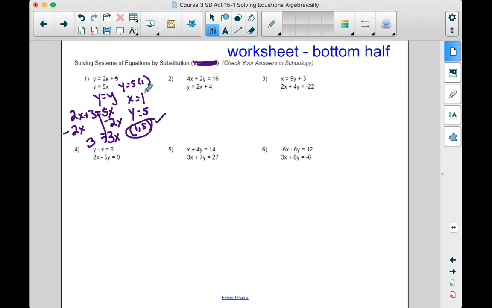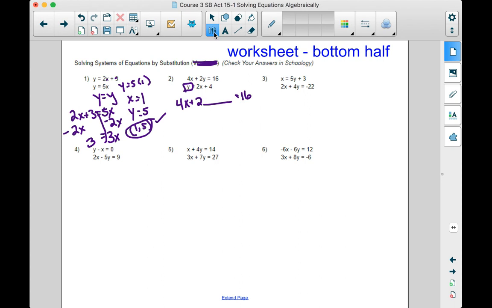So don't forget that that works when you see two variables isolated. But now if we look over at number 2, we only have one variable isolated. So we would use the substitution method that we just learned today. If I take my first equation that doesn't have anything isolated, that's how I know to take that equation. I have 4x plus 2y equals 16.